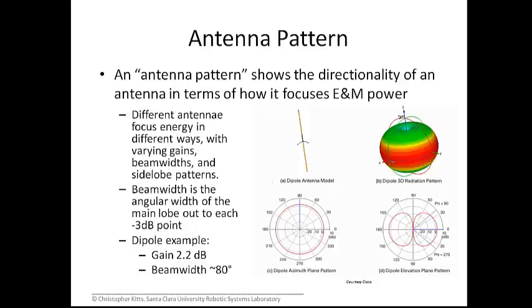And we peg those points, and the angular distance between those points is what we consider to be the beam width of the antenna. So the beam width spans the two -3 decibel points from the peak power of the antenna.